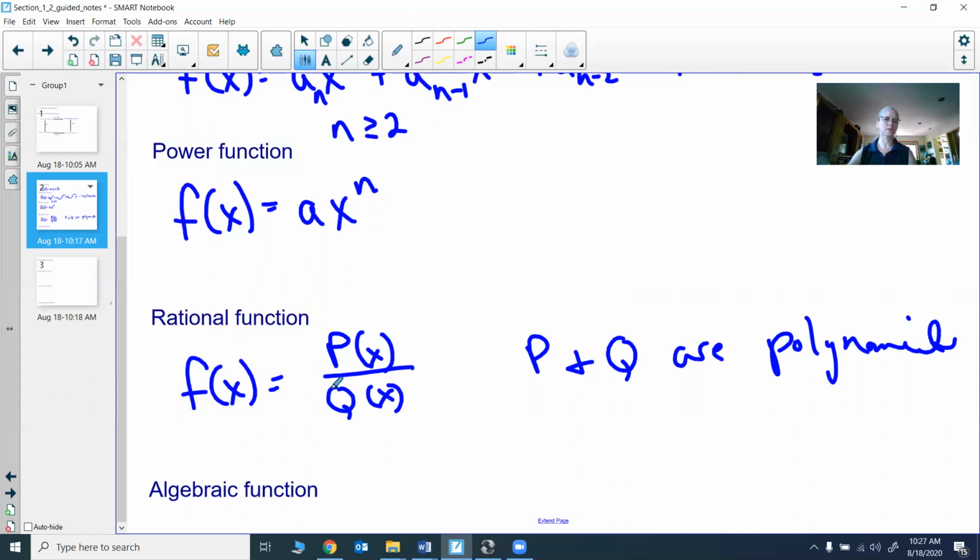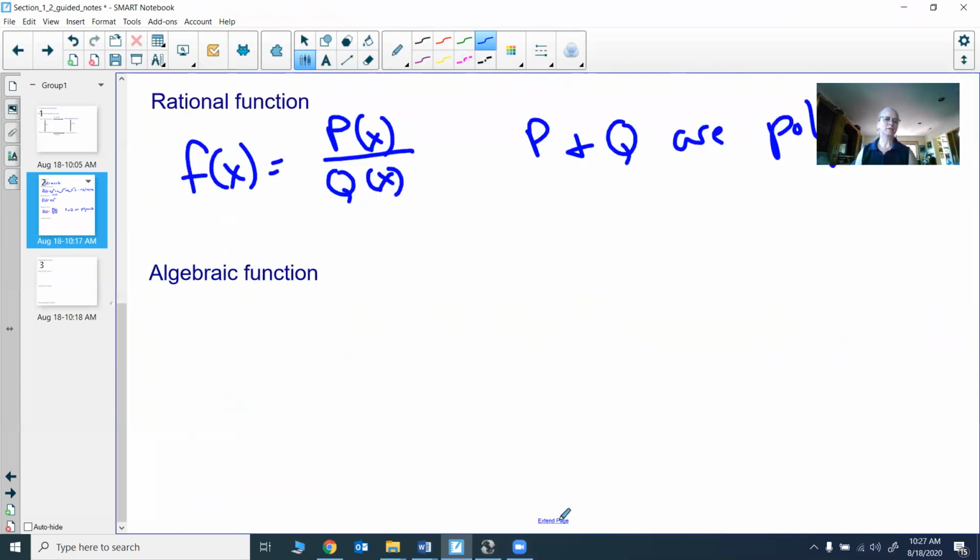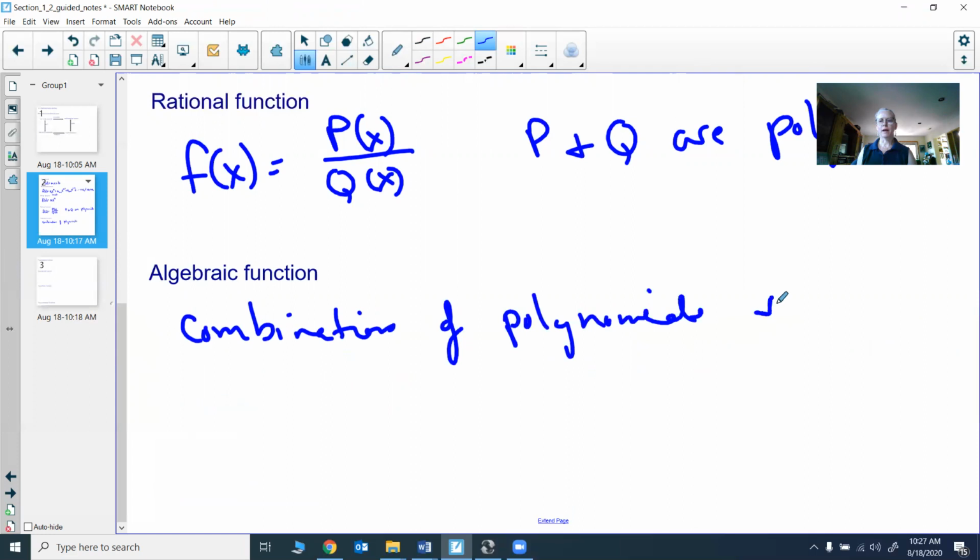An algebraic function is actually just combinations of these. They're either additions or subtractions or divisions or roots of all these. So these are just combinations of polynomials and power functions.